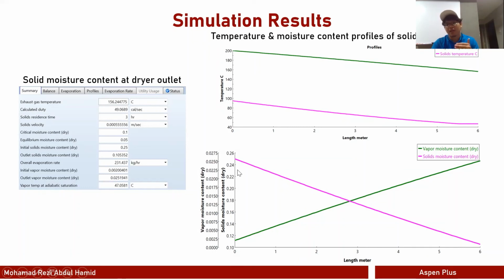But upon exiting the dryer at length around 6 meters, it is clear that solid moisture content, dry basis, has dropped from around 25% to 10%. And the opposite behavior is observed for the vapor phase moisture content.